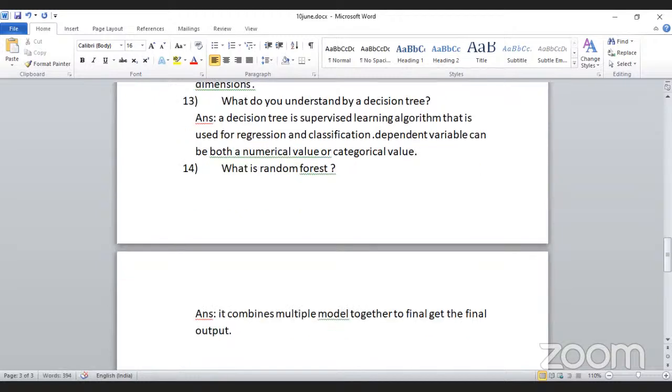It can combine trees or multiple models to get precise accuracy, so in that case you can use random forest for that particular model.